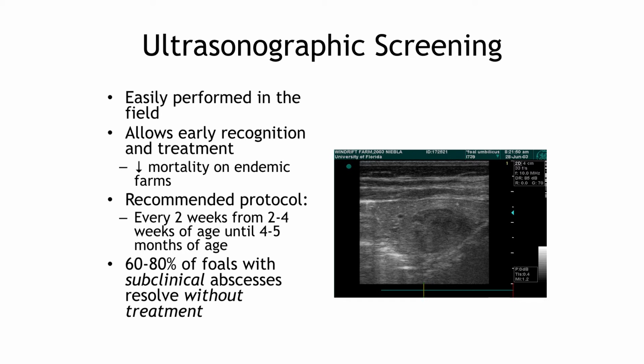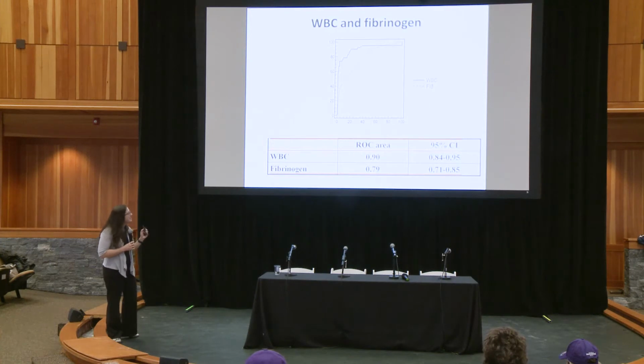So if you are screening every foal on your farm with ultrasound, you are going to identify a lot of foals with abscesses that, if you weren't ultrasounding them, you would never know they had Rhodococcus, they would never have outward signs, and they would get better on their own. I'm going to go into why that matters in a minute. Just keep that in mind.